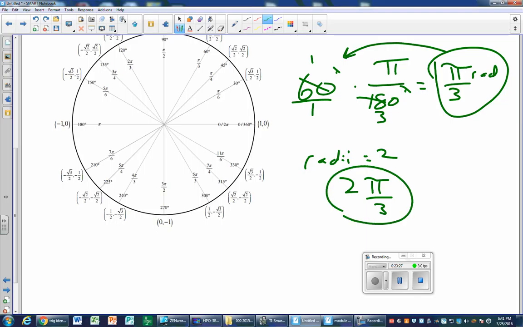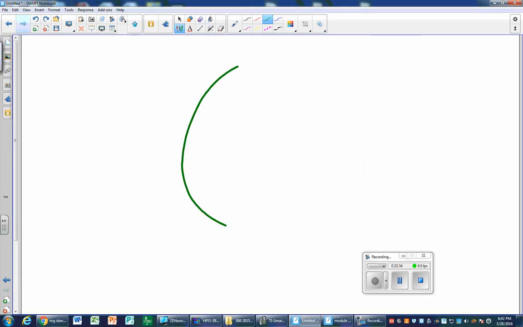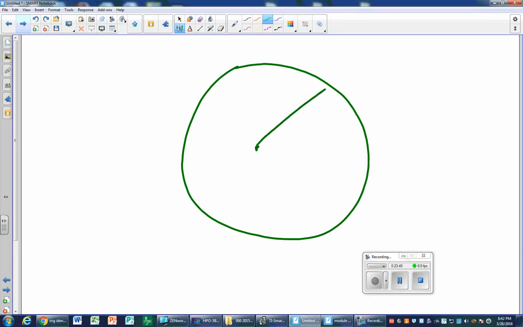What? Why in the world do I want to know an arc length? Well, notice I said 2 astronomical units. Okay, so here I'm going off on a tangent. No pun intended. But we have a 60-degree angle. Okay, that's really not 60 degrees. We have a 60-degree angle, and we want to know how long this arc length is.